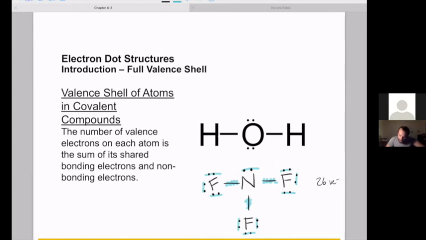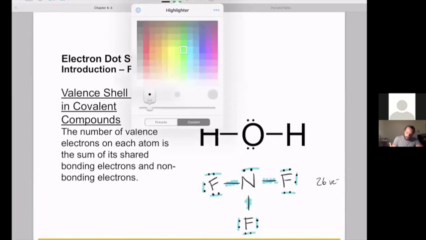The other thing I want to do is to make sure that each atom has its complete octet, right? And so for the case of water, we said hydrogen's an exception, it only needs 2. For the case of our nitrogen trifluoride, none of those are the exception, right? So both the nitrogen should have its full octet, and every single fluorine should also have a full octet of 8 electrons.